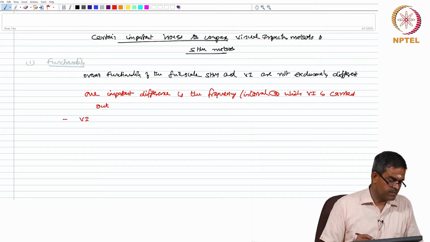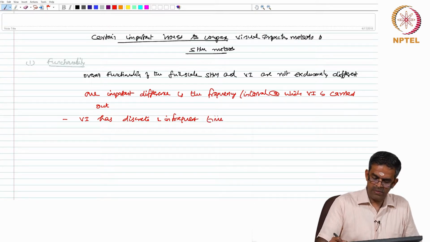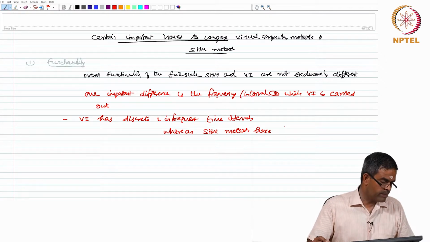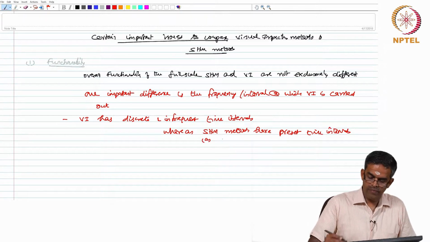Visual inspections have discrete and infrequent time intervals, whereas structural health monitoring methods have preset time intervals, or they may be continuous monitoring, continuously.